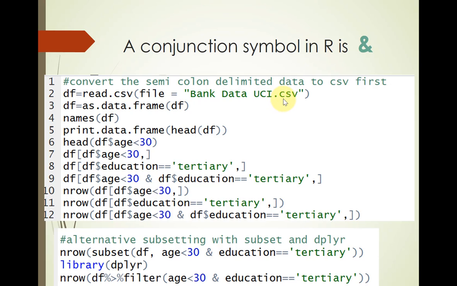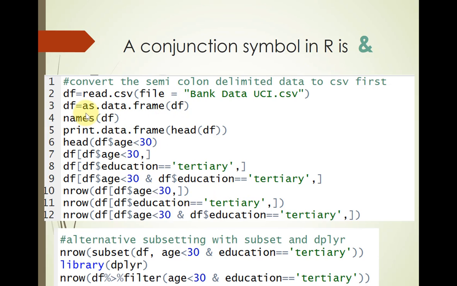The ending on it is .csv, so you would think it was comma separated values, but actually it's semicolon separated, so if you just use this command here, which is for CSV data, it won't work. But I'll show you the way to do it in the next slide.